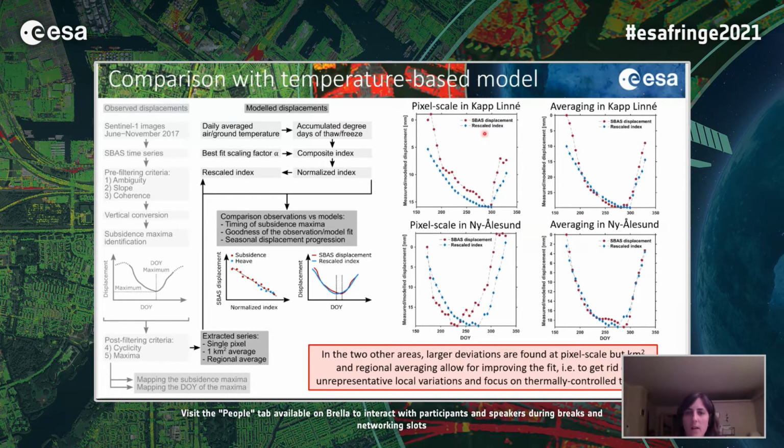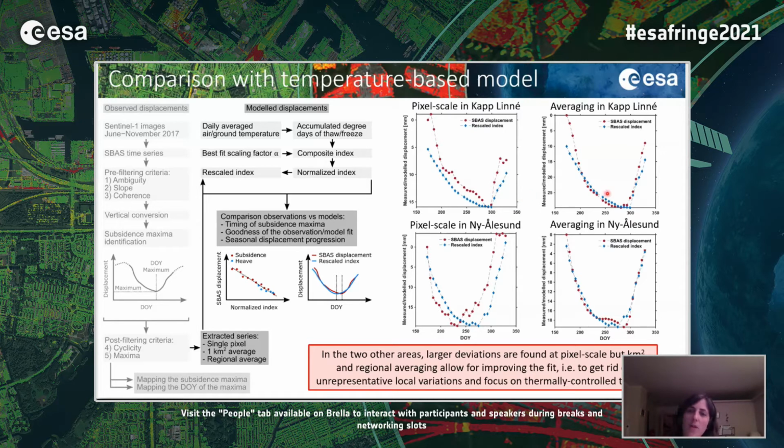Now, if we look at the other examples for the two other areas, so again based on borehole temperatures, we could see that we found larger deviation at the pixel scale. So selecting just one pixel of InSAR information compared to the borehole temperature or the model, the composite index model.